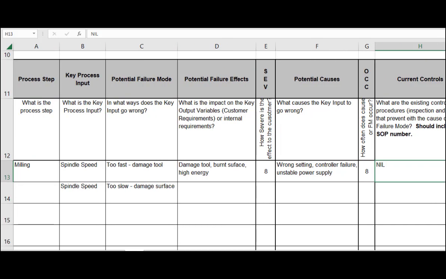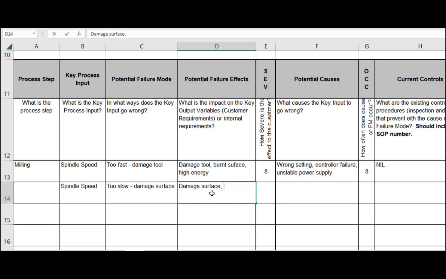Right, next is spindle speed too slow. So the problem that might occur here is damaged surface, for example. Okay, so it means that the surface of the part is damaged. Then what else?